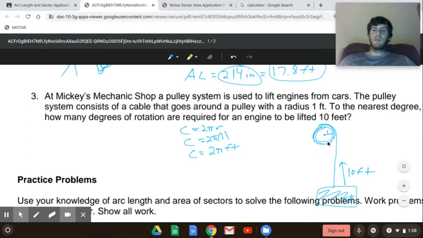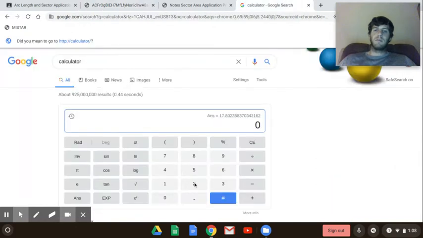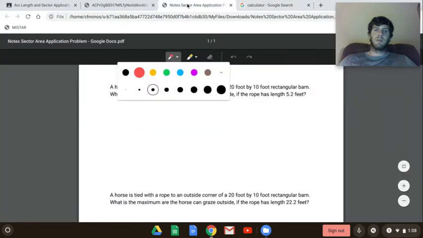So every time we rotate this, it's going to get pulled up 2 pi feet. We probably want to get a number for that, so let me do that in the calculator. 2 times pi is going to be 6.28 something. So let's just call it 6.28.